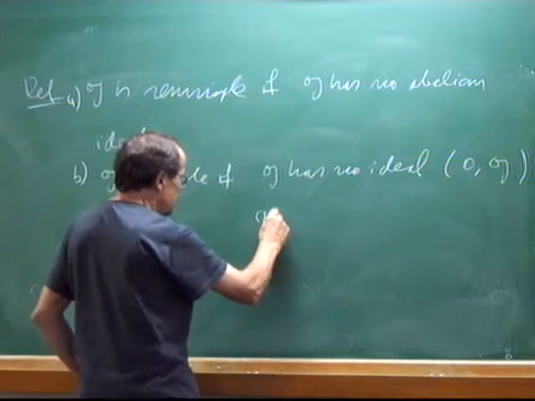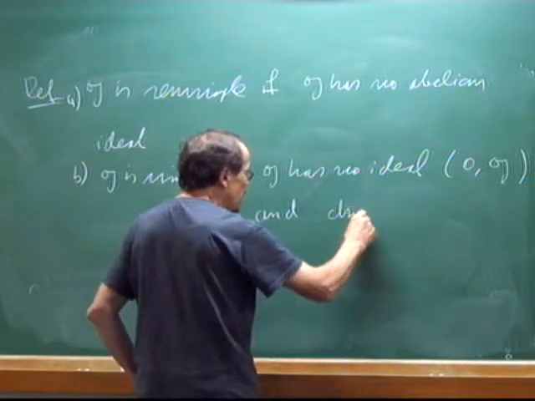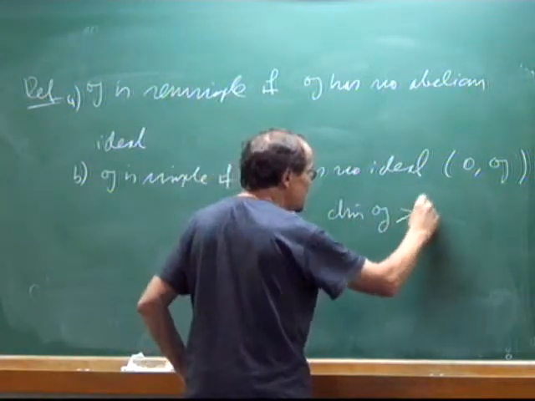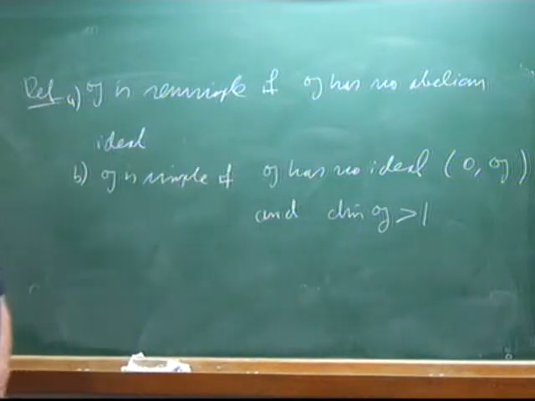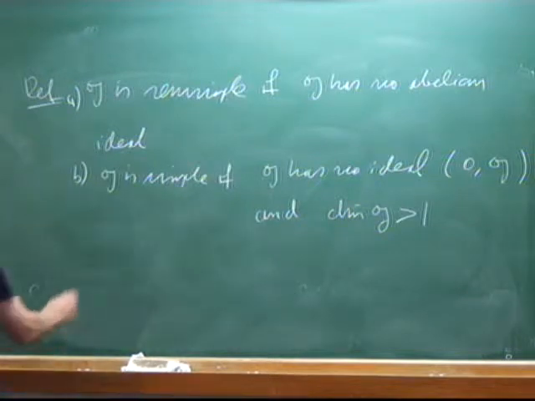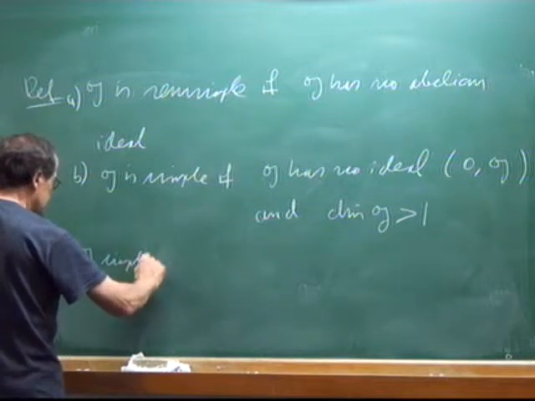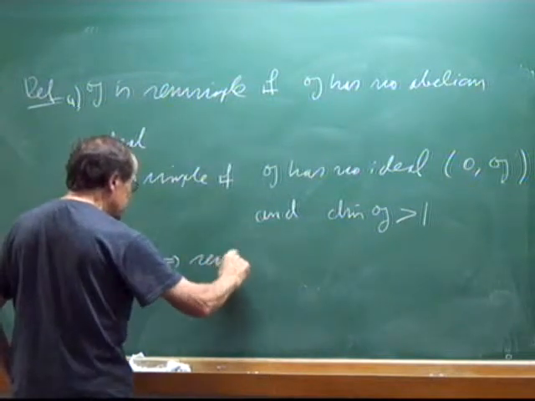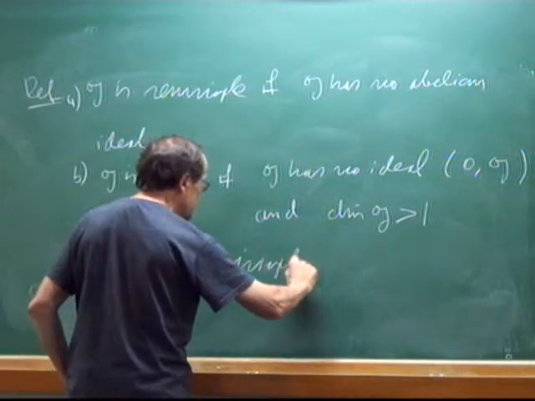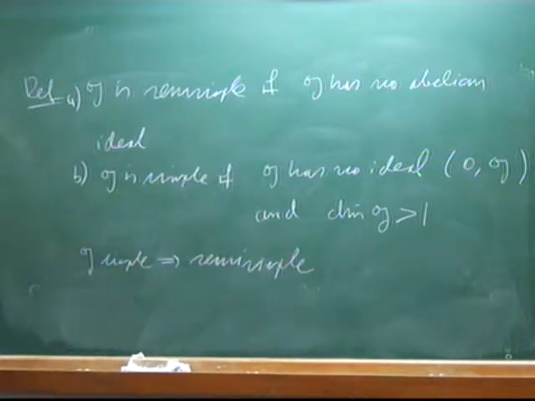And the convention is that I don't want to consider the one-dimensional Lie algebra, which of course has no ideals. I don't call that simple. There are various reasons why that's not a good idea. So certainly simple implies semi-simple, but certainly not the other way around.